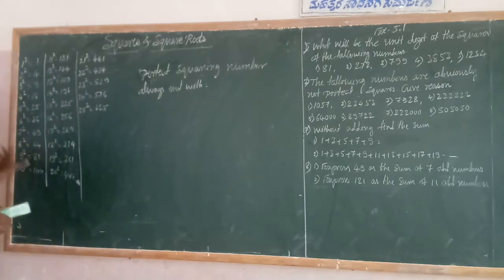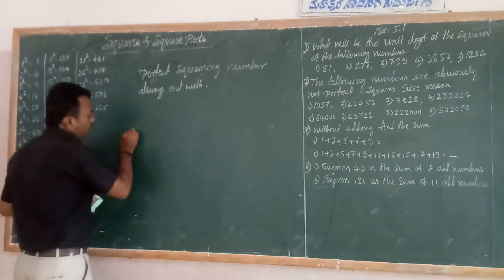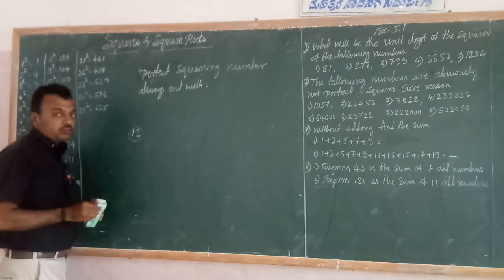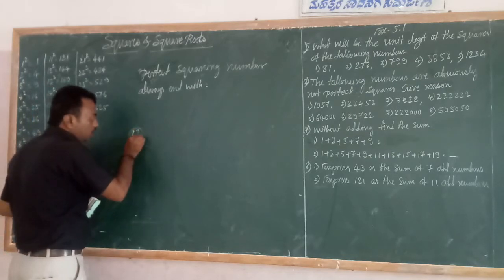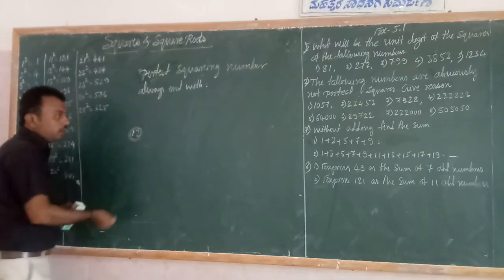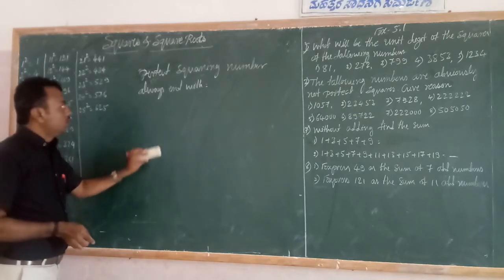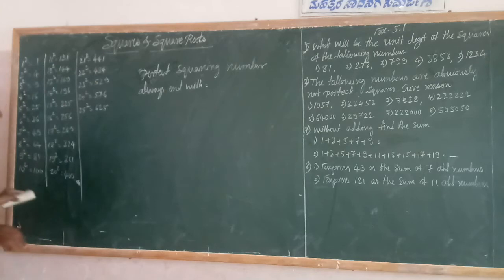Perfect squaring numbers means these numbers. An imperfect squaring number, for example, 12. 12 is not a perfect squaring number because 12 is not made by multiplying the same number by itself. That's why 12 is not a perfect squaring number.